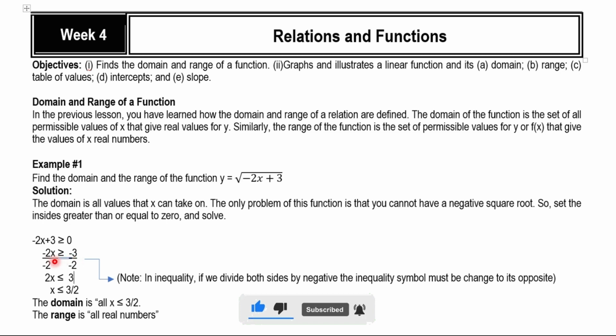And since the coefficient is negative 2, we must divide both sides by negative 2. So negative 2, negative 3 over negative 2. Take note, I enclose it in parentheses, that in inequality, if we divide both sides by a negative, the inequality symbol must be changed to its opposite.